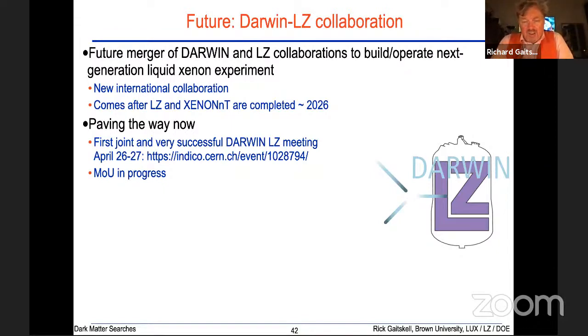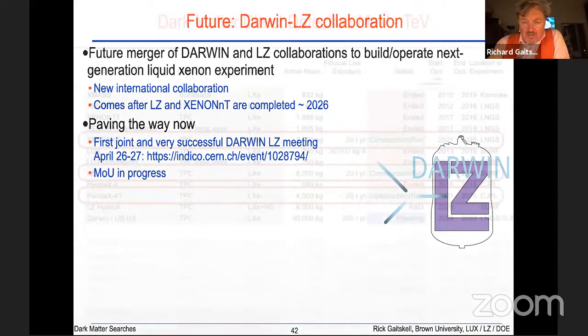And at that point, it would clearly be desirable to have built and switched on a new detector, which is something that we're now working on very directly. And we held a very successful meeting actually back in April, which is available through that route.